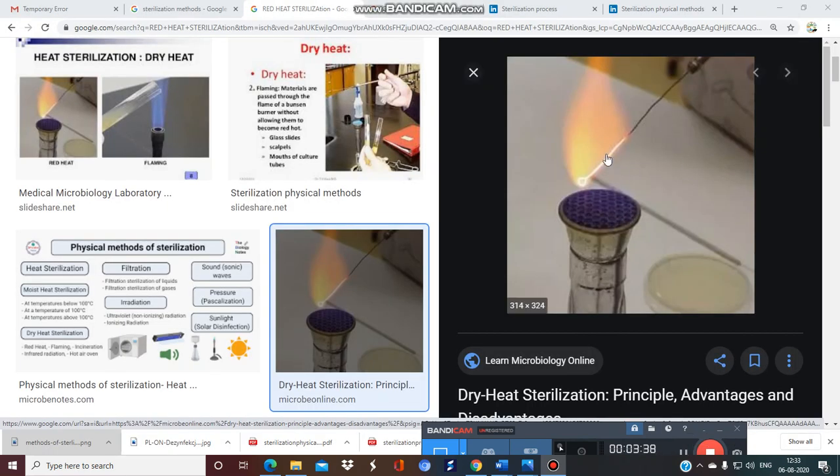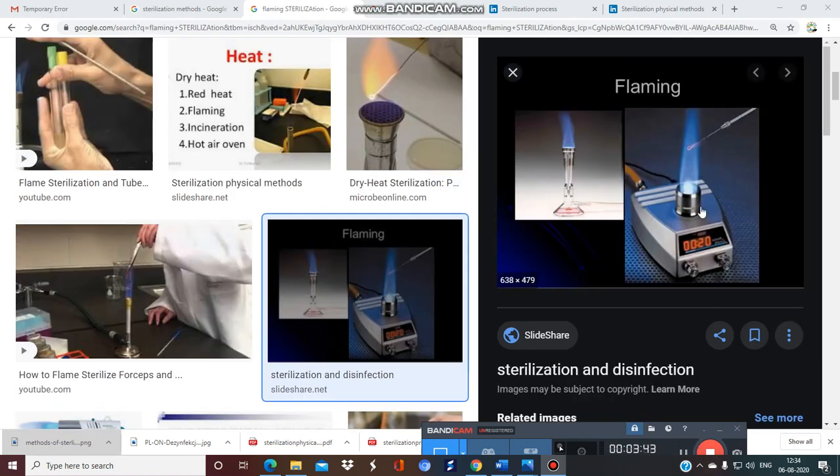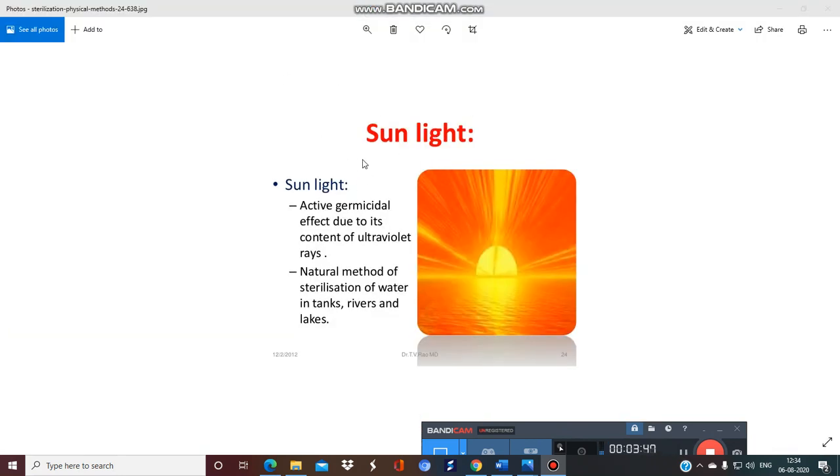These are very, very simple, and we will do them one by one. See, this is the physical method, red heat sterilization. This is flaming, and of course we know sunlight, a natural method of sterilization of waters in tanks, rivers, and lakes. This is due to the presence of UV rays in the sunlight.